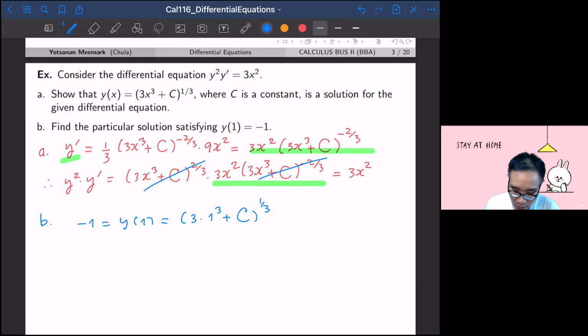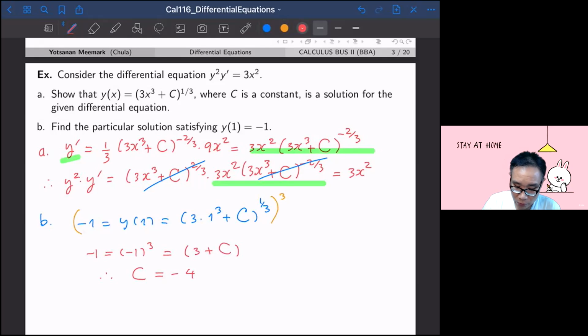You have to get rid of the 1/3 power, so you raise everything to the 3rd power. You get -1 to the 3rd equal to 3 plus c. So this is -1, and you would get c equal to -4.